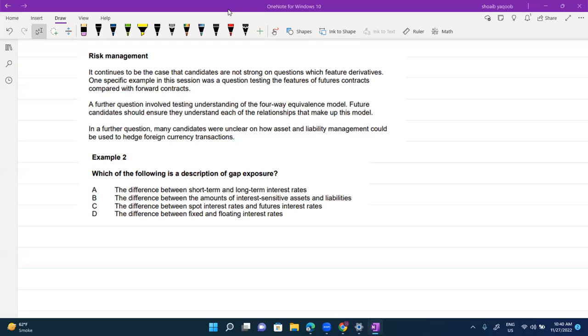अच्छा जी, नेक्स्ट में भी यही बातें हैं सारी। So I'm copying the comments from another report.